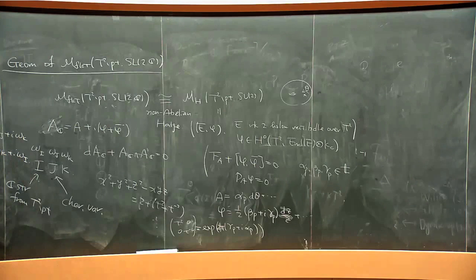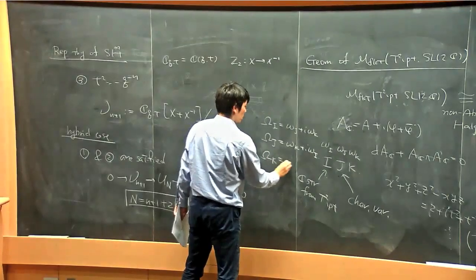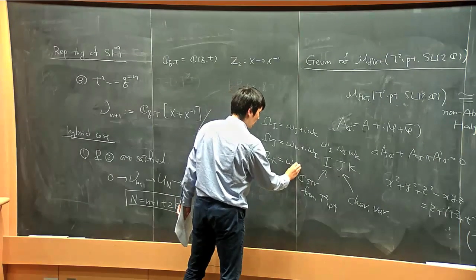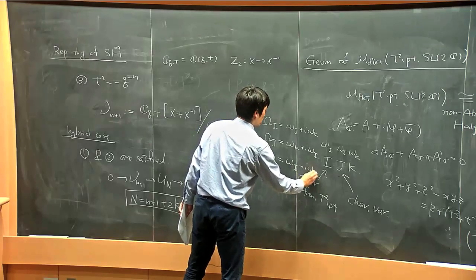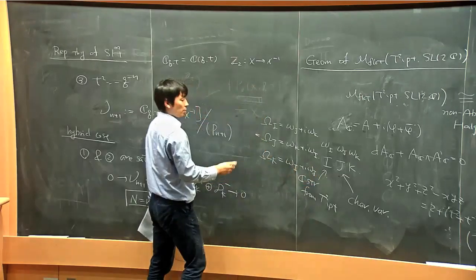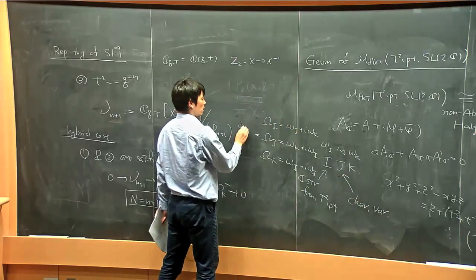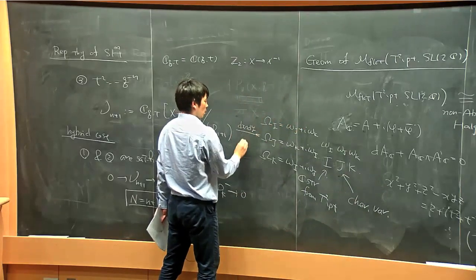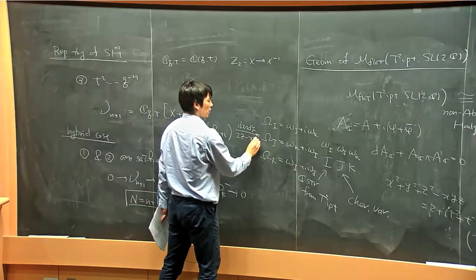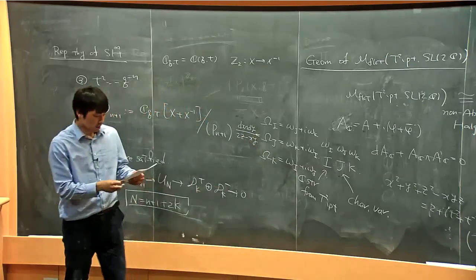Holomorphic omega K is omega I plus I omega J, and this omega J can be written in terms of this holomorphic coordinate, dx wedge dy mod 2z minus xy. So this is the holomorphic coordinate.